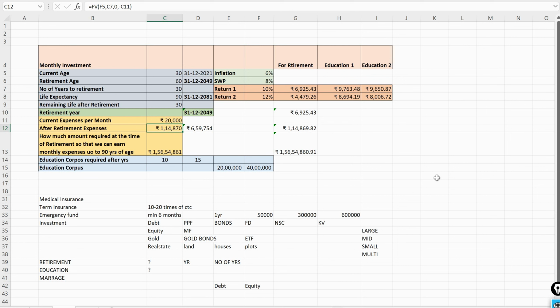Today's 20,000, taking the inflation of 6%, becomes 1,14,870. So to get 1,14,870 per month, what is the corpus we have to consider at that time?